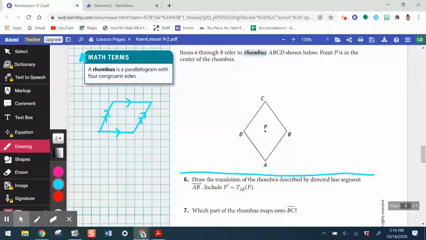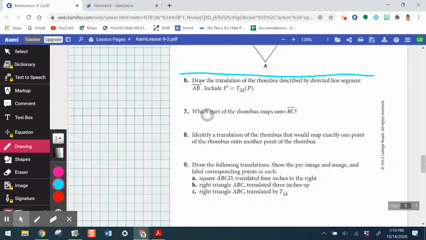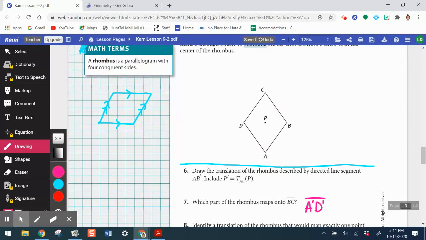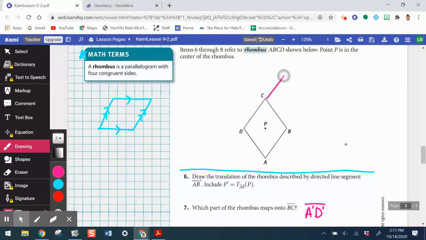So let's go back. Let's answer item 7. Which part of the rhombus maps onto BC? Well, that is line segment A prime, D prime. And I'll kind of crudely draw it here. So what just happened is whatever distance and direction AB was, those points moved that distance and direction up to the right.